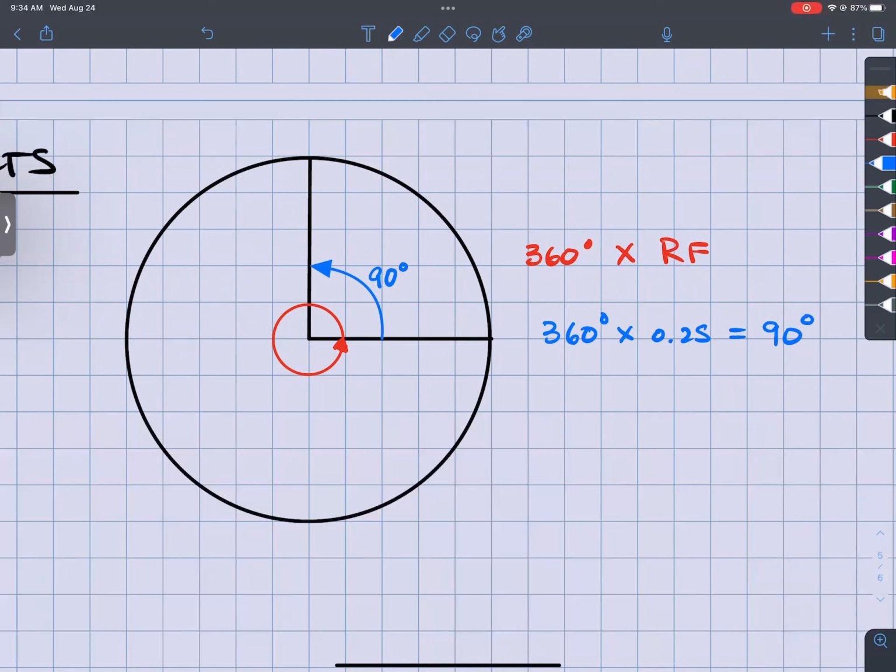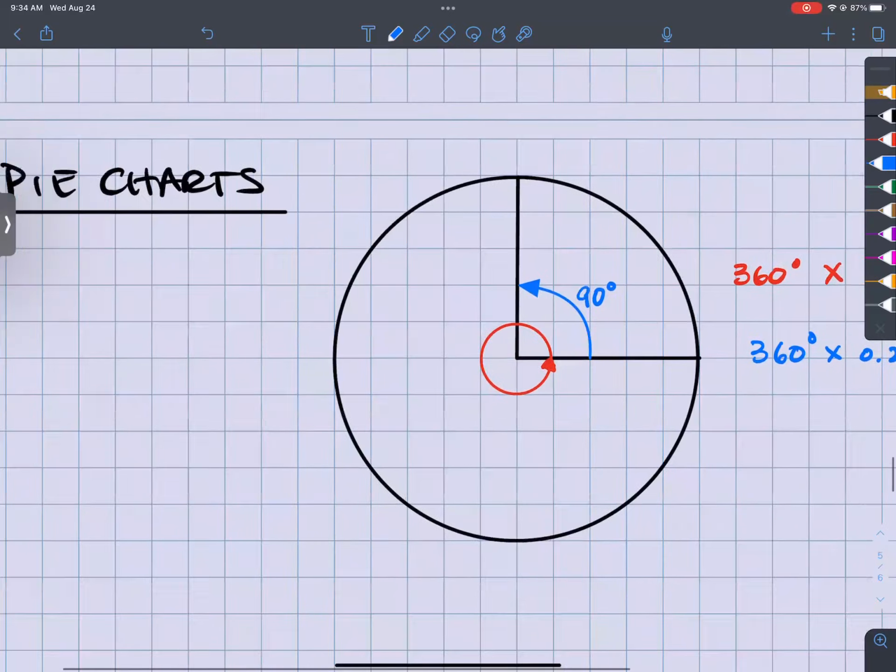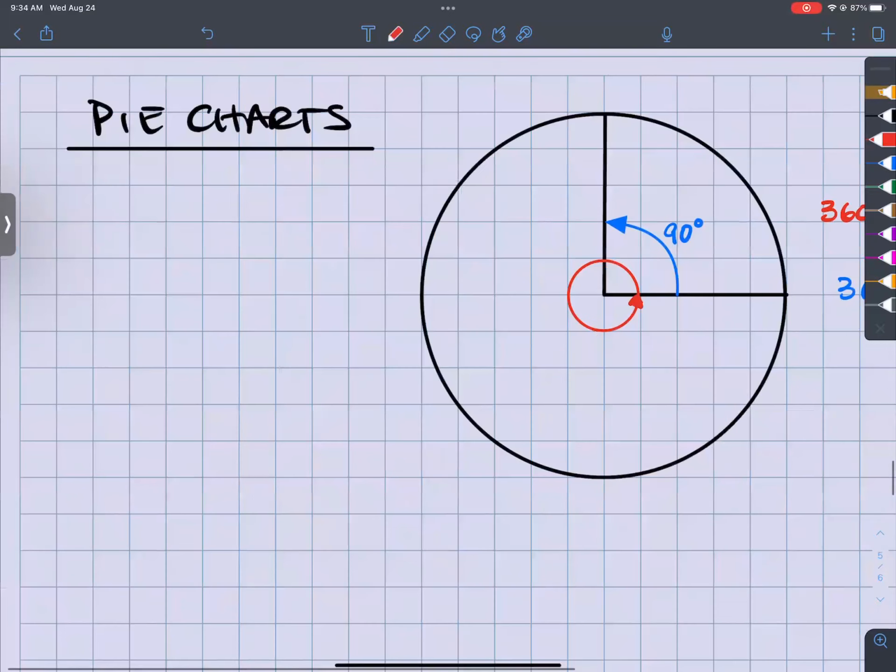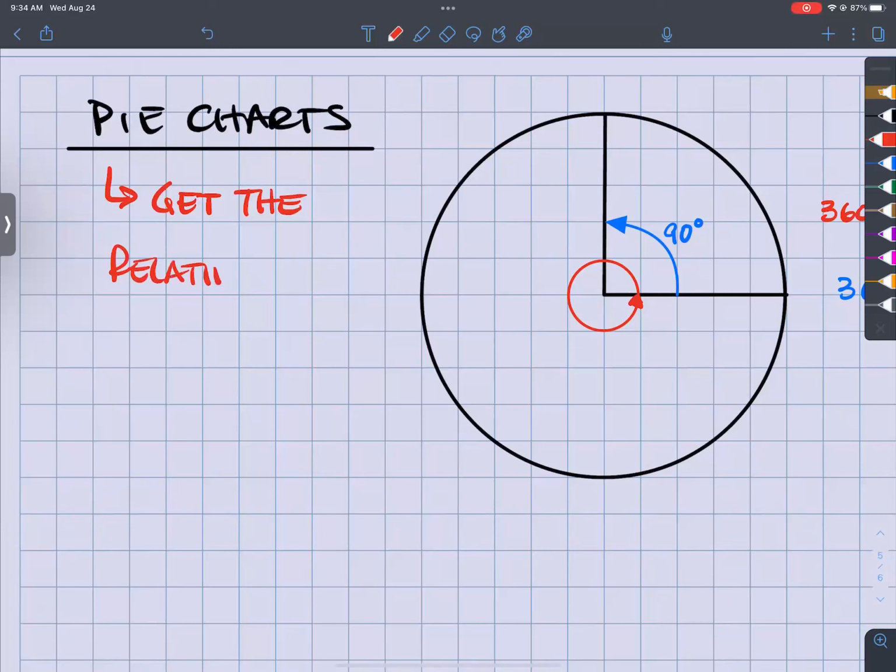So again, when we're doing pie charts, I think that part is the important part, right?